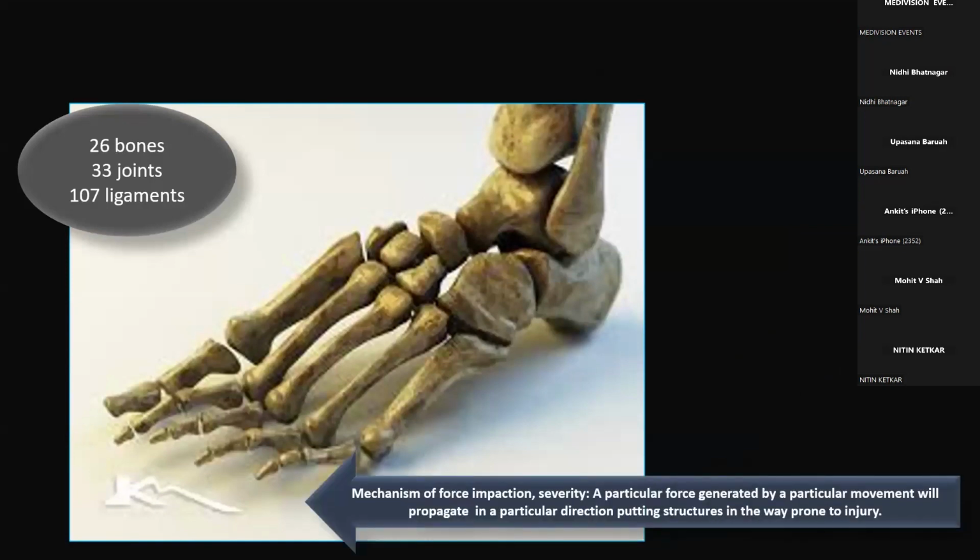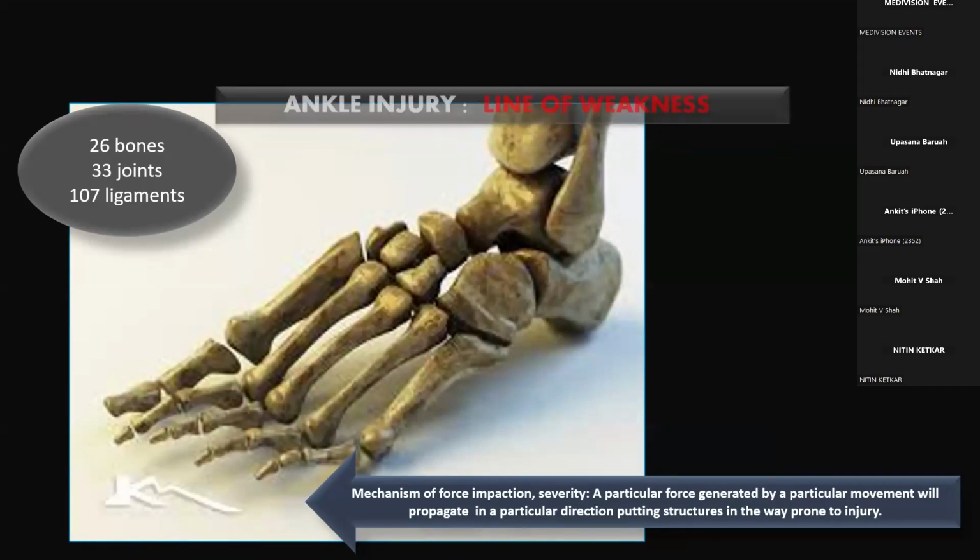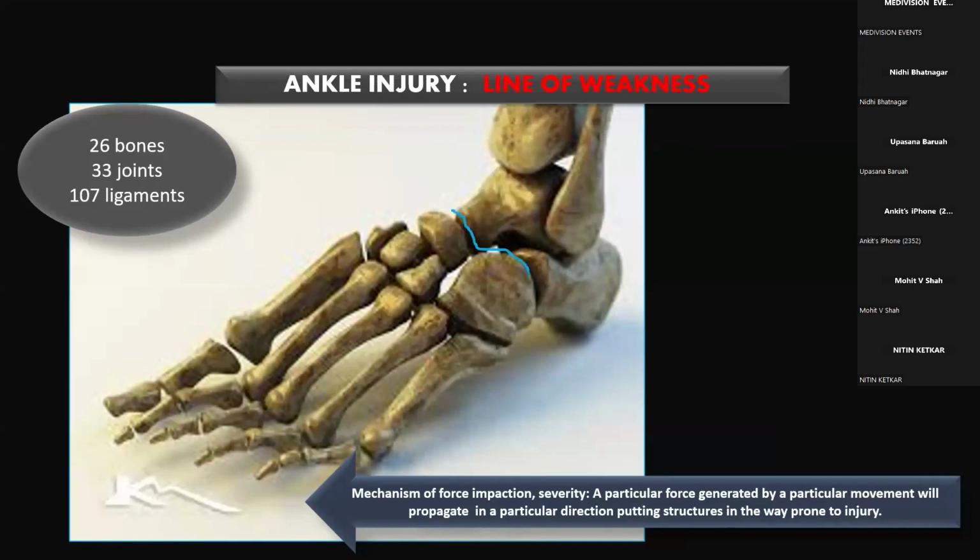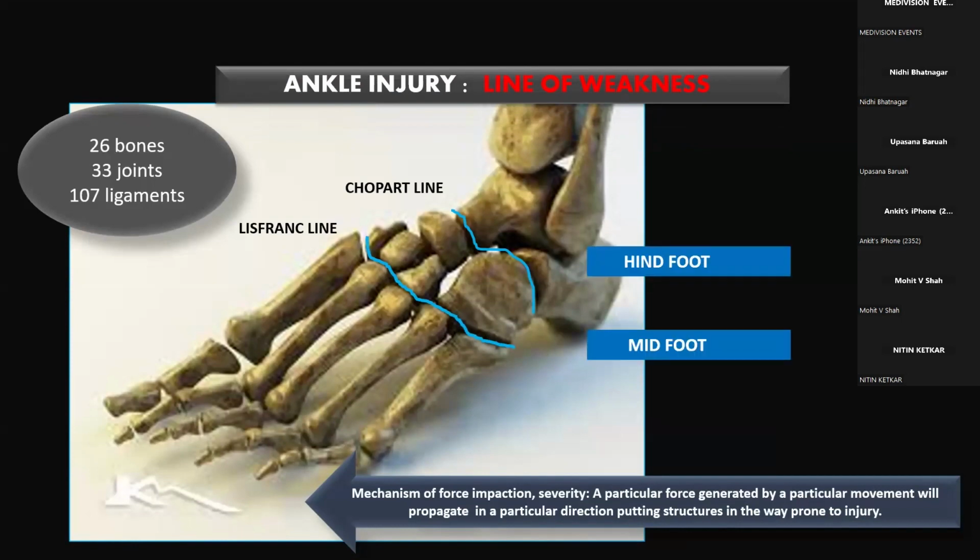The pattern depends on the mechanism of the force and the severity of the force. The force generated by a particular movement will propagate in a particular direction, and that puts the structures on the way prone to injury. So depending on that, they describe 2 lines of weakness: one is the support line and the other is the least strength line. That divides the foot into the hindfoot, midfoot, and the forefoot.